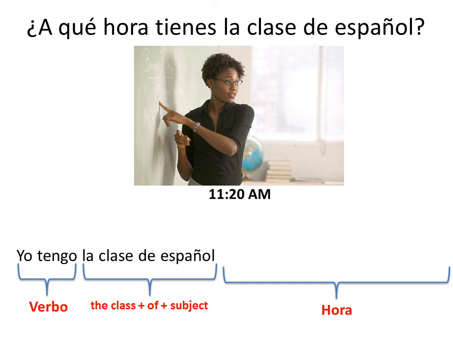And this is how you have to form all of your classes, just like this. Okay, so what you're going to do is say la clase de, and then fill in the blank with the subject. Okay, so yo tengo la clase de español a las 11:20 de la mañana, at 11:20 in the morning.